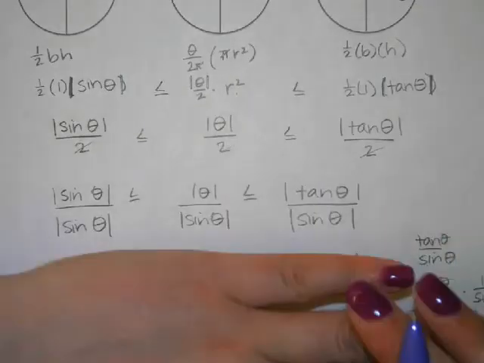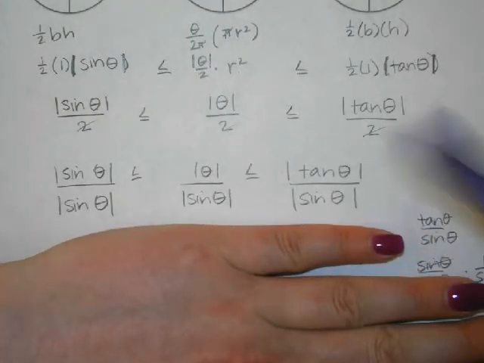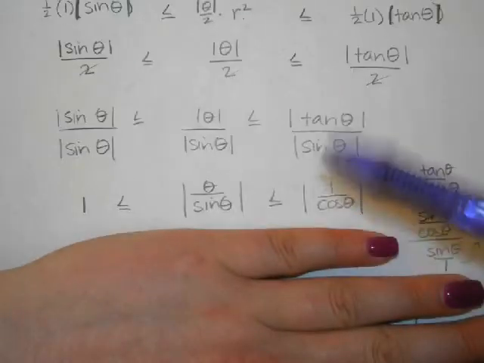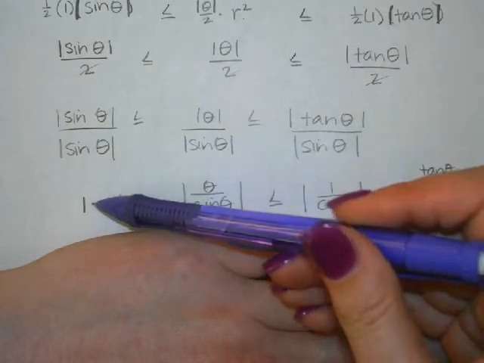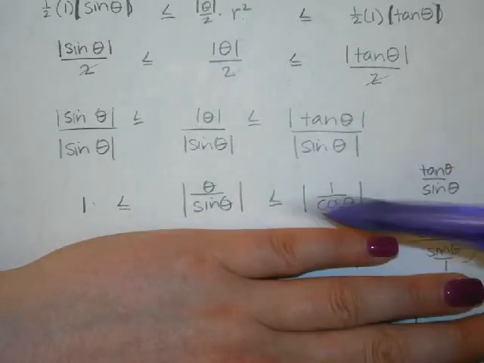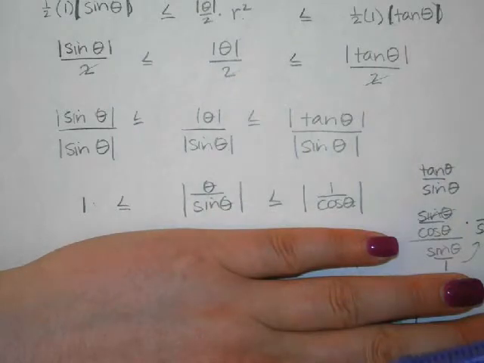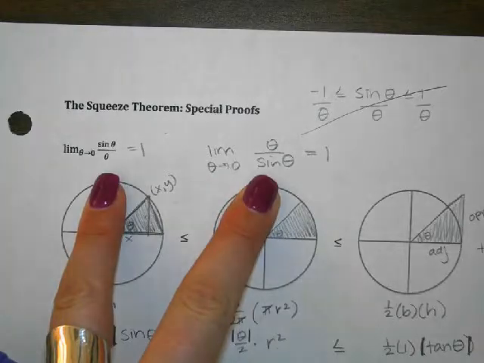And you can see that if you don't do the part where we flipped it, if you take this part before we flipped it and find the limit as theta goes to 0 here, that's 1. The limit as theta goes to 0 here is also 1. And so the squeeze theorem would have worked right here if they wanted that version. Okay? So both of these equal 1. That's something that you'll keep in mind.